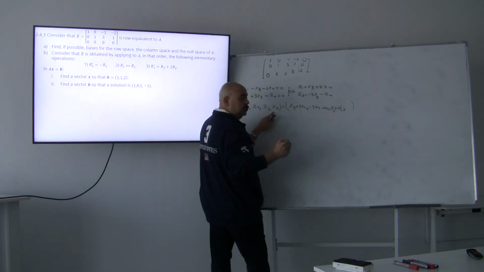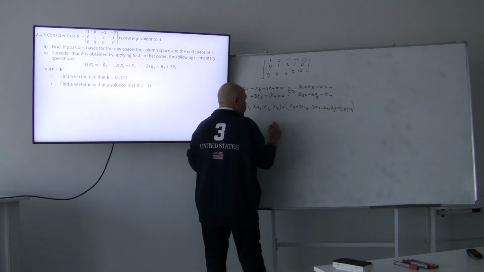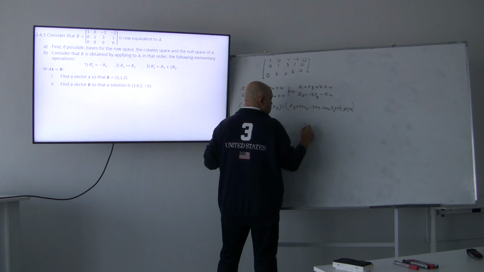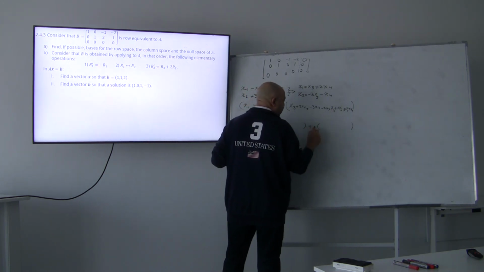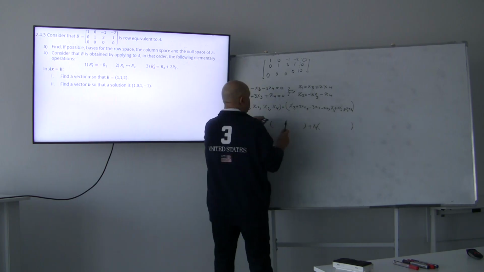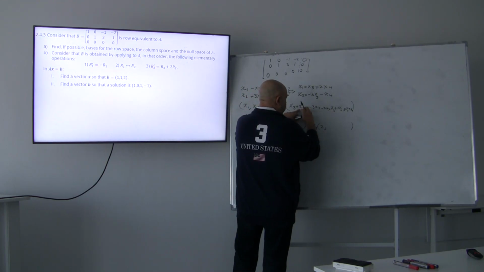And for x4, I have 0 x3 plus x4. These can be separated by a plus, and I will have x4 times the vector: 2 for the first component, then minus 1 for the second component, then 0 for the third component, and then 1.